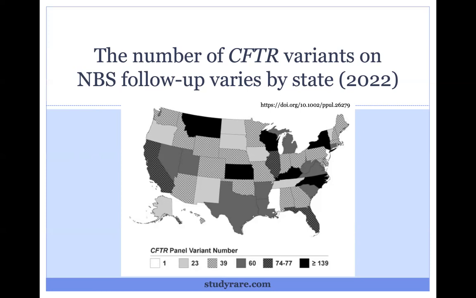So from anywhere between one variant, the Delta F508 variant, and that's in Mississippi, all the way to over 100 variants in a variety of states. So depending where you're born, if you're born with CF, you might have a better chance of having it detected right away, just based on which state you're born in.